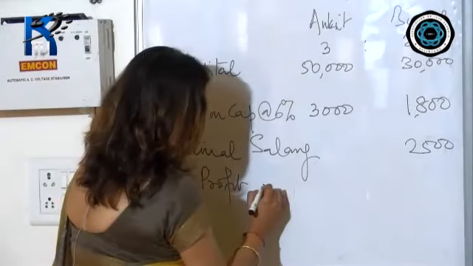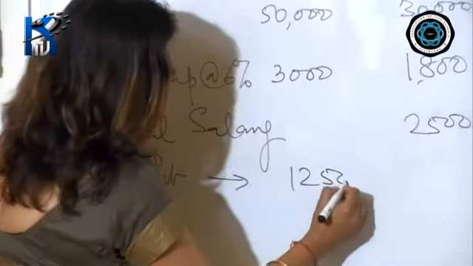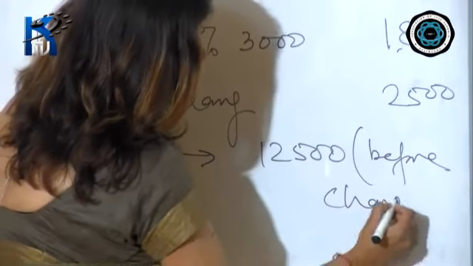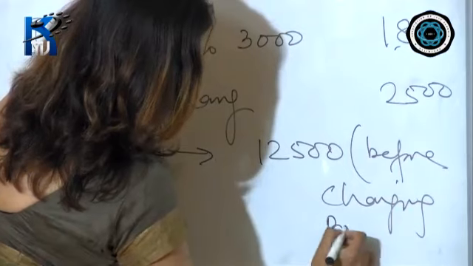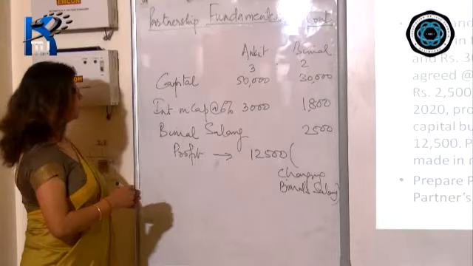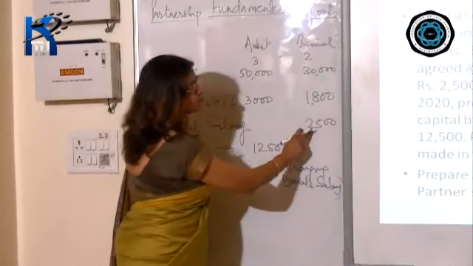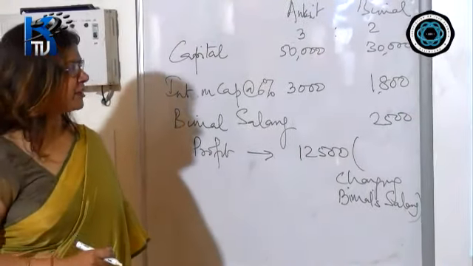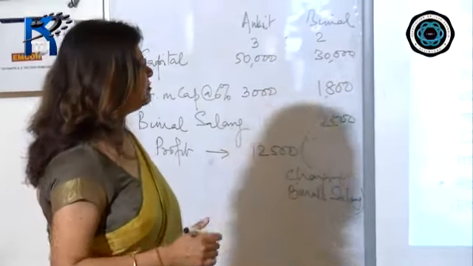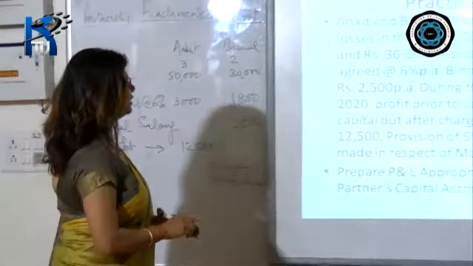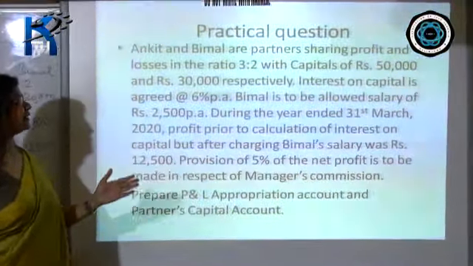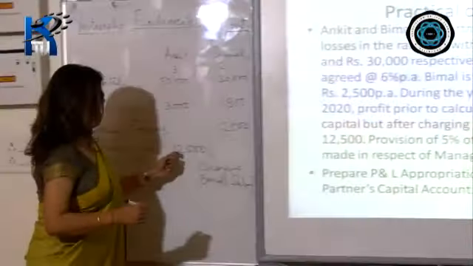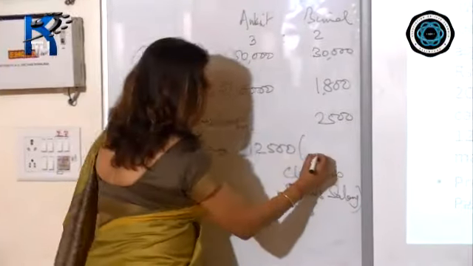So profit given to you is 12,500, and Bimal's salary is 2,500. Please see what is mentioned in the question: profit prior to calculation of interest on capital, but after charging Bimal's salary. Bimal's salary has already been charged.